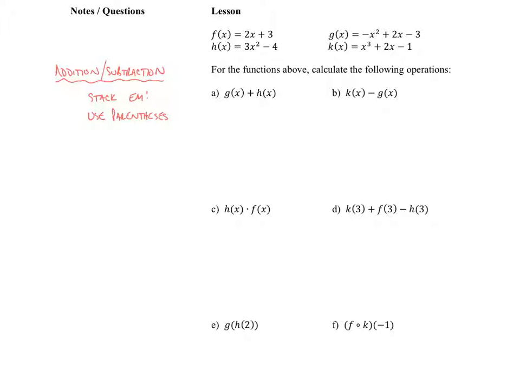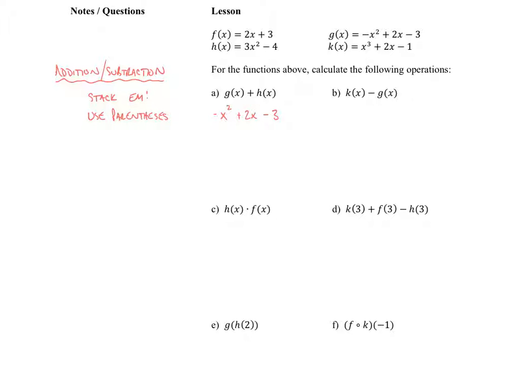So here's what it's going to look like when I stack my first two functions. I have my g of x, which is negative x squared plus 2x minus 3. That's got all of its terms. It's got an x squared term, an x to the first term, and a constant. So we don't have to leave any gaps, which we will have to do for some of these other functions.